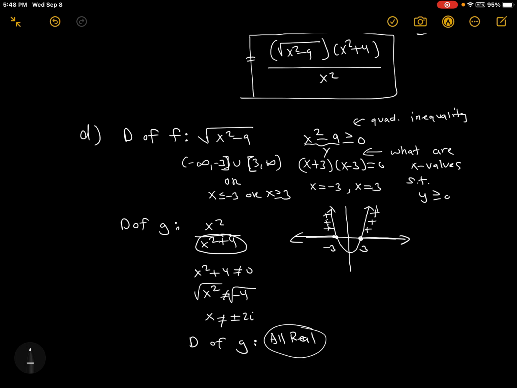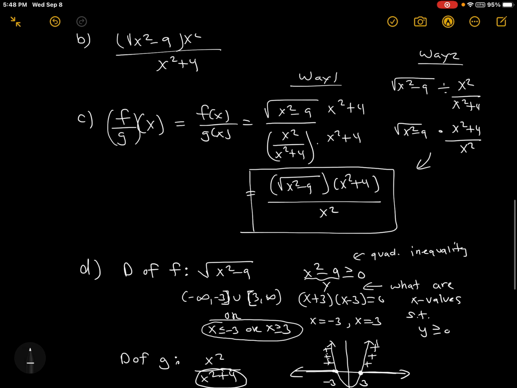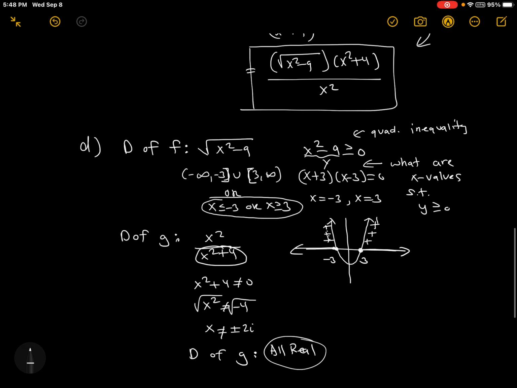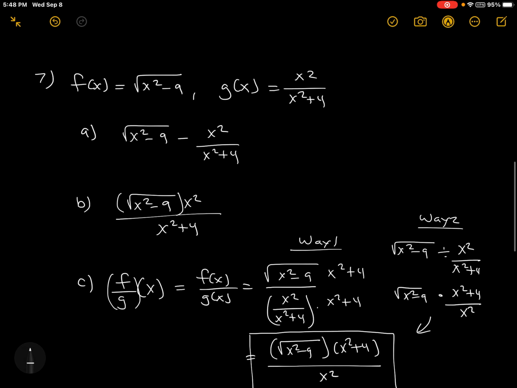Okay, so we did all the work. The domain of f is x is less than or equal to negative 3 or x is greater than or equal to 3. And the domain of g is all real because we don't care about imaginary. Now if you go back and find the domain of each of these operations separately, the overlap of all real and x less than or equal to negative 3 or x greater than or equal to 3 is simply the domain for part A, f of x minus g of x: minus infinity to negative 3, bracket, union, 3 to infinity.